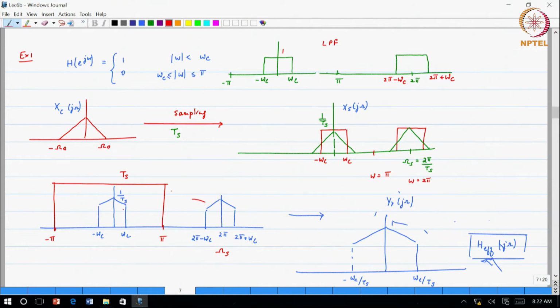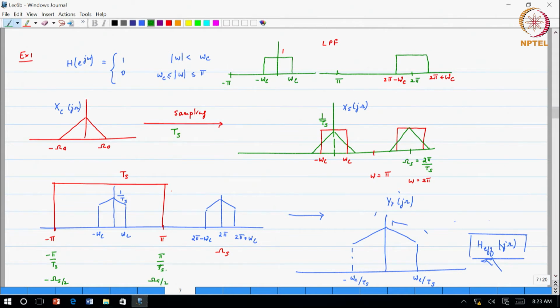So, what you get is periodic spectra which look like this blue figure that we have, and then when you come to the last stage of reconstruction, you multiply it by a low pass filter, which corresponds to a continuous time frequency of pi over T s, from minus pi over T s to pi over T s, or minus omega s by 2 to omega s by 2.